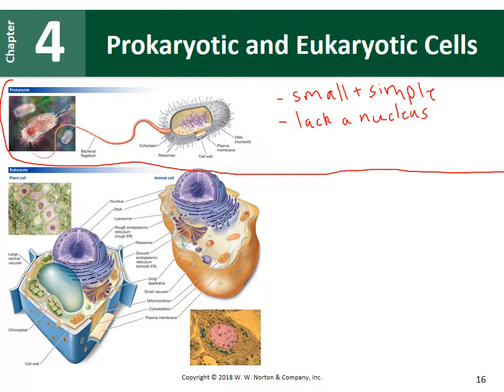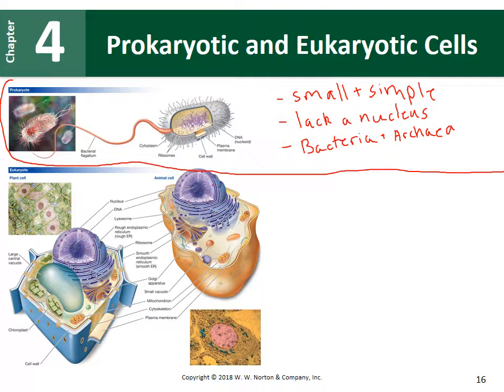In addition, prokaryotic cells are found in 2 out of our 3 domains. They are found in the bacteria and the archaea. So those are a few characteristics that prokaryotic cells have.